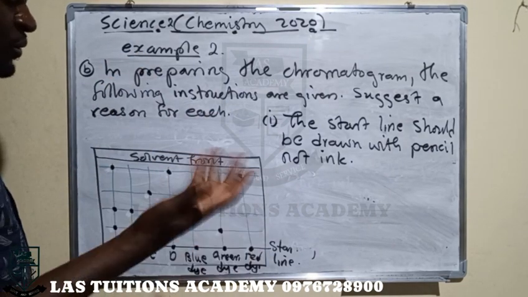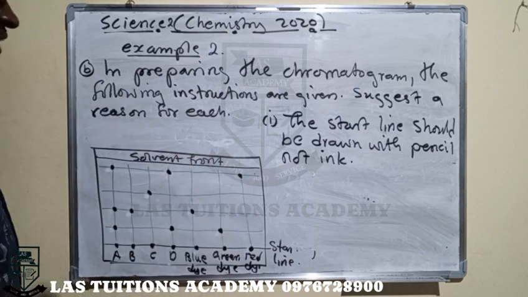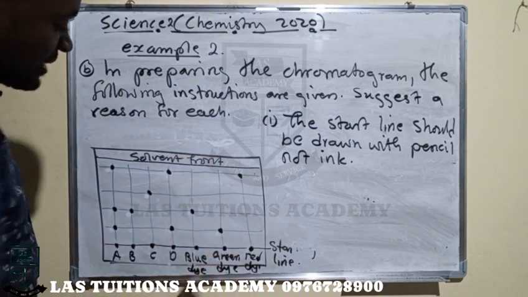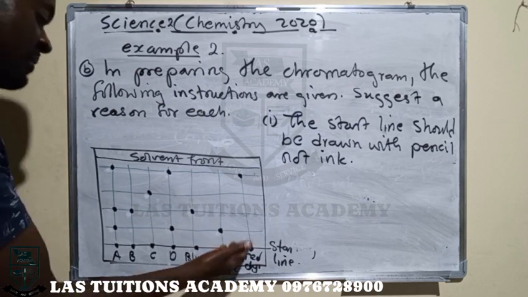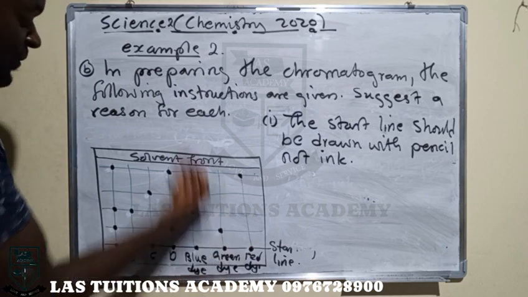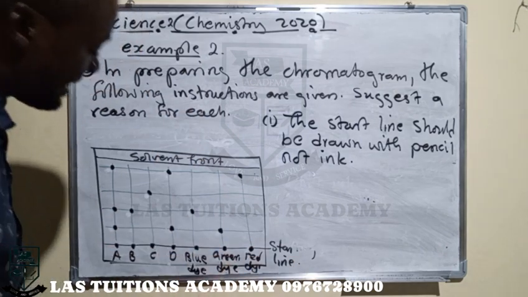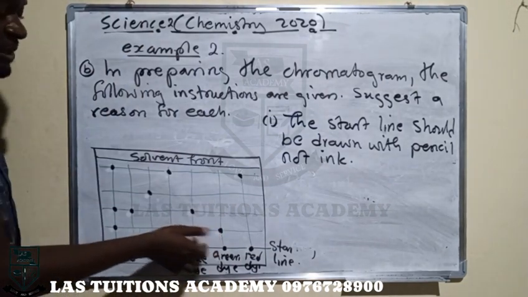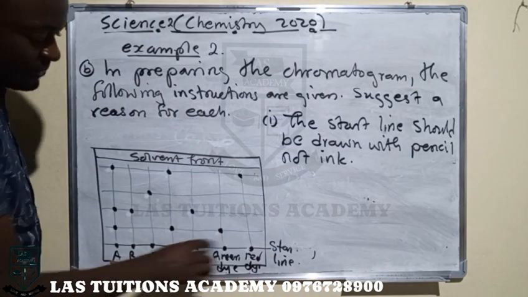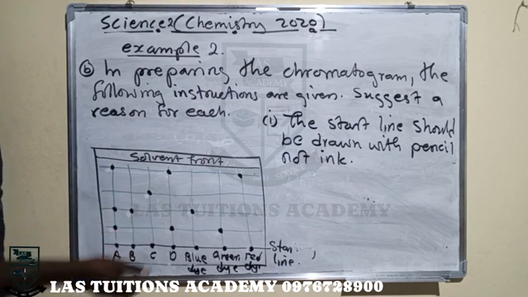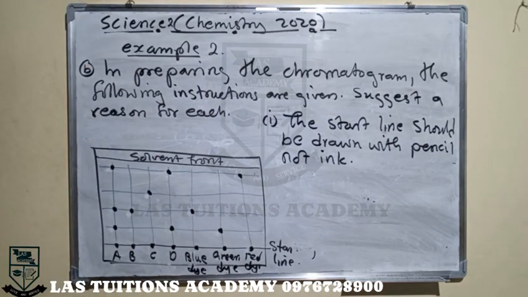It would distort the whole thing that we are doing here. So we use a pencil like you have said. Because the pencil will not react with the solvent, it will remain as a line just like that. Nothing is going to rise from the pencil. Only the dyes, the colors that we put there, are the ones that are going to rise up. Is that okay?